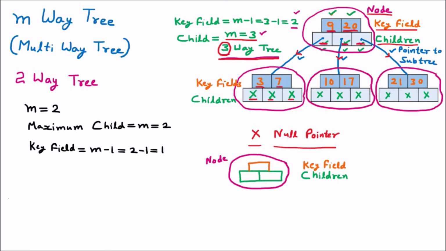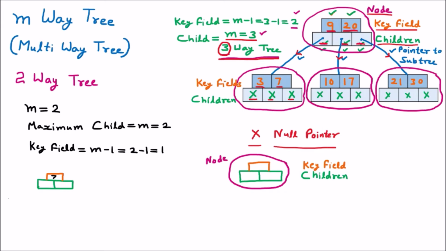Now we can define the different two-way trees which are possible. First of all we are generating a two-way tree. Let us suppose that these are the children, so the maximum limit is 2. Above that we have the key field, which is 1. Let us suppose we have case 1, where we have a single element, and in the key field we have only 7.